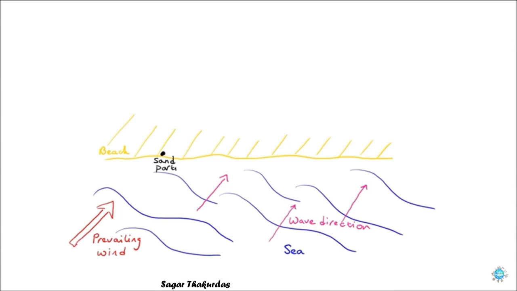So when the wave strikes the coastline, swash current is generated and the sand particle is moved obliquely towards the beachward side, and again it moves back by the gravity when the wave returns toward the seaward side vertically downwards.